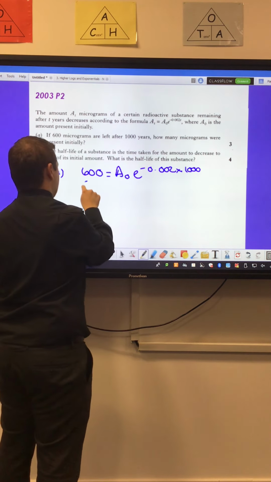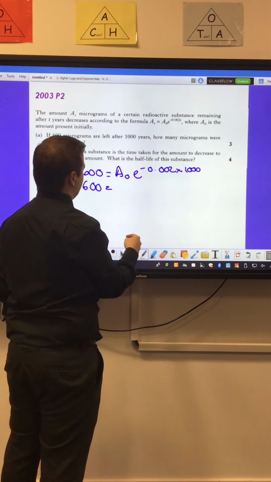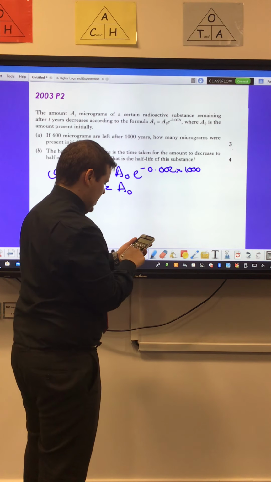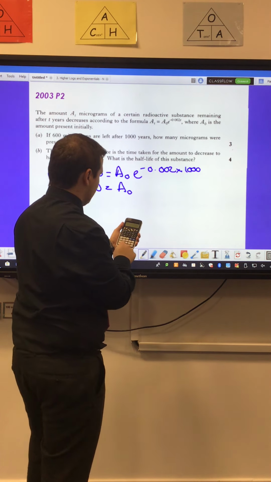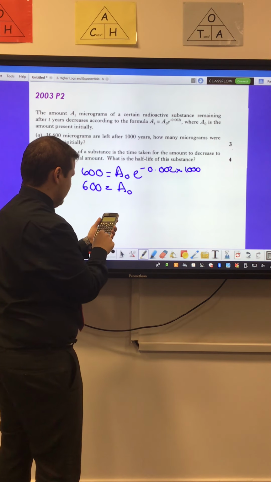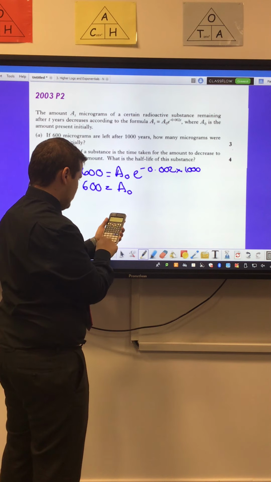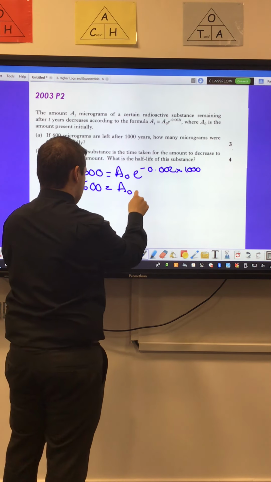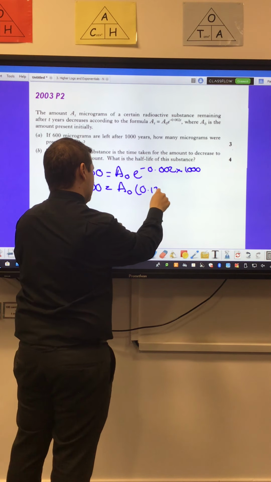So we kind of kid on this A naught is a letter, like an X. I'm going to put that straight into the calculator. E, so if you press alpha, then the times 10 to the power button, e to the power of negative 0.002 times 1,000. That gives me 0.135 to 3 decimal places.